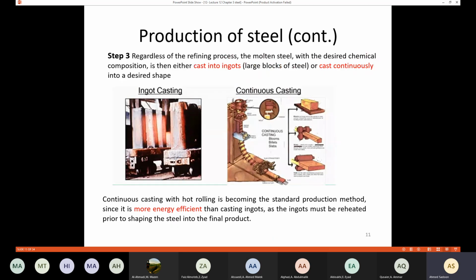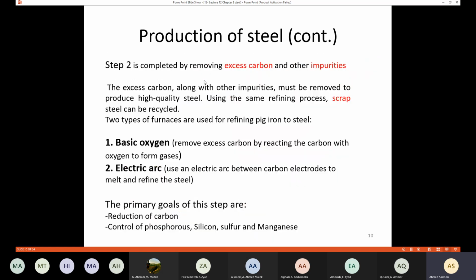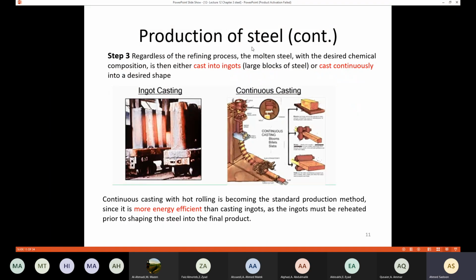So the last step, step number 3. Regardless of the refining process, whether you use the basic oxygen or electric arc to remove the excess carbon and the impurities, the molten steel with the desired chemical composition is then either cast into ingots, which are large blocks of steel, or it can be cast continuously into the desired shape.